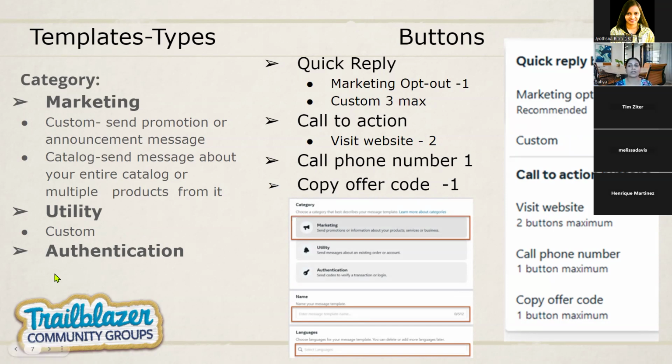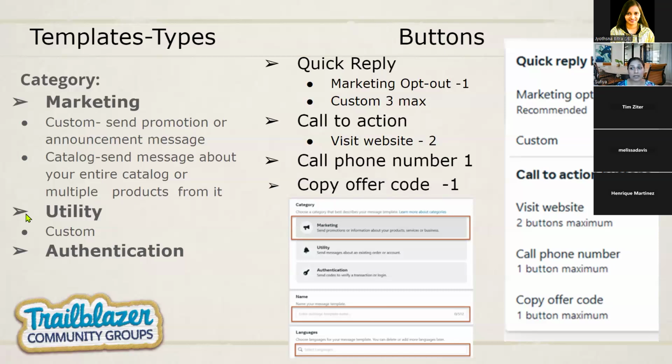So in marketing, if you want to send any promotional content, you can use the marketing custom template type. You also have an option of attaching a catalog in the WhatsApp template using the marketing category.